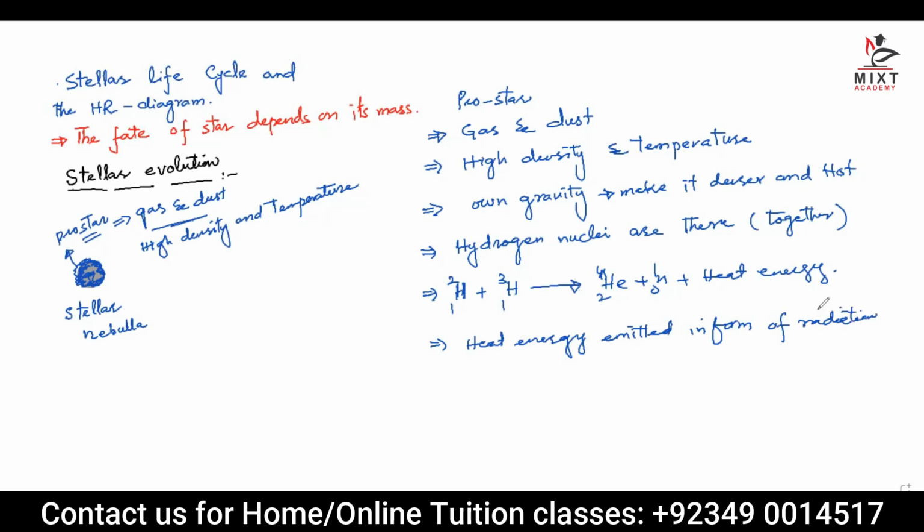So this is the whole story about the protostars, which come before the stellar nebula. Then the stellar nebula will form. And I have made the diagram. It's fine now. Yes, sir.